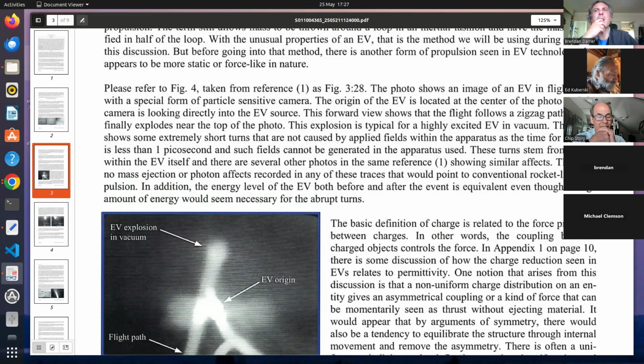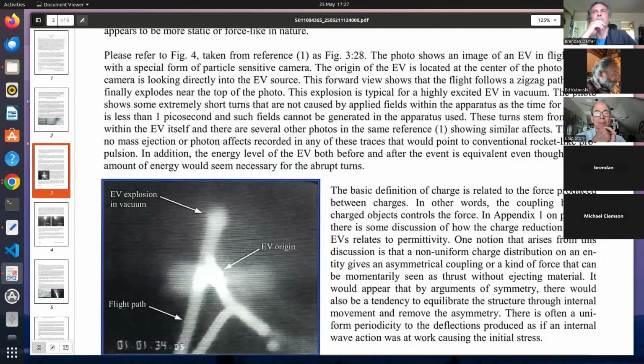The photo shows an image of an EV in flight taken with a special form of particle-sensitive camera. The origin of the EV is located at the center of the photo, and the camera is looking directly into the EV source. This forward view shows the flight follows a zigzag pattern or path until it finally explodes near the top of the photo.